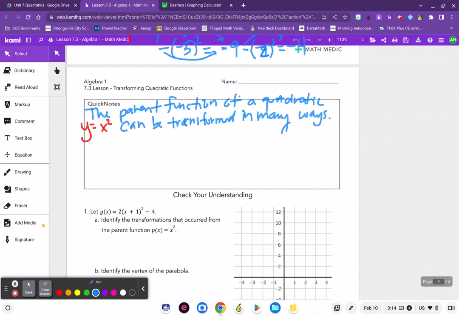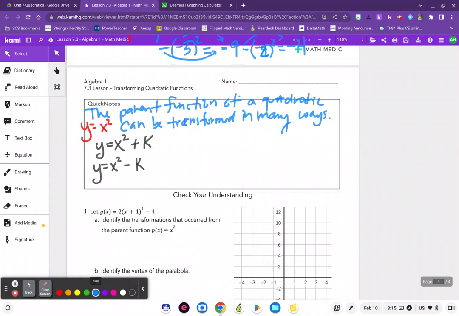All right, so we're going to go through all the different ways that this parent function can be transformed, okay? And so I can take this parent function, y equals x squared, and I could add some number to it. I'll call that k. Or I can take that parent function, y equals x squared, and I can subtract some number from it. I'll call that number k.